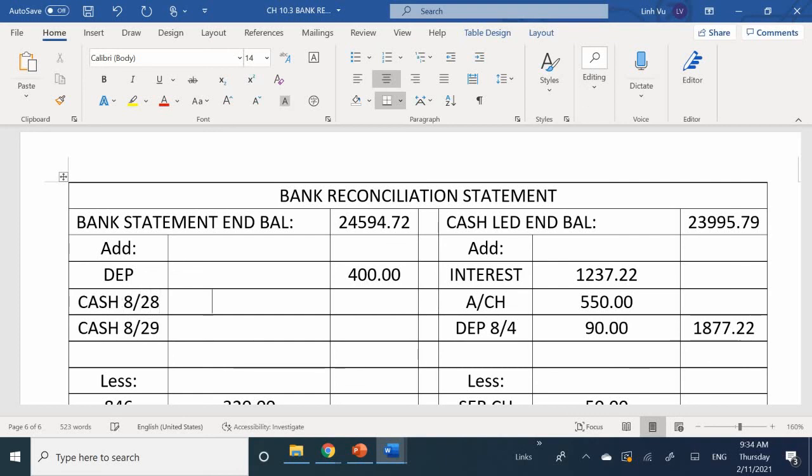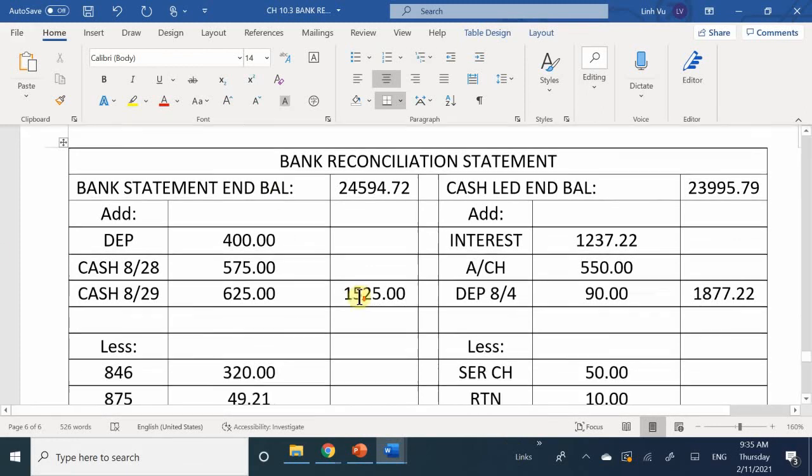So this one was for 575, and my cash right here was for 625. So in grand total, what is going to be my total cash that I need to add to this section right here? 1125, plus the 400. Oh, plus the 400. 1525. And now go ahead and recalculate it.